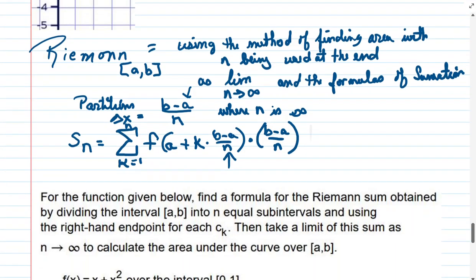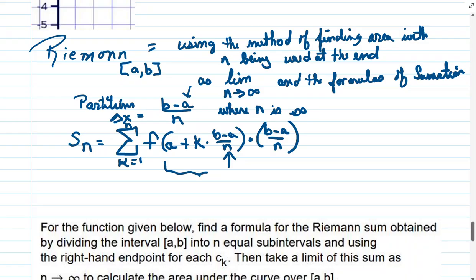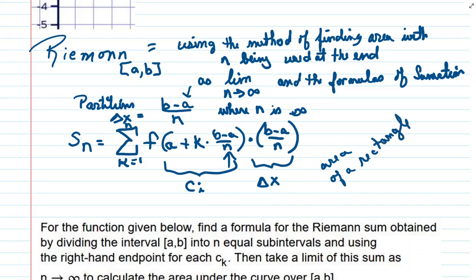So what we come up with, and this is how I'll mention it, this part right here is going to refer to our c of i, and this is, of course, our delta x, area of a rectangle. I didn't put it in my notes. I had to go back and say, oh, I forgot that.